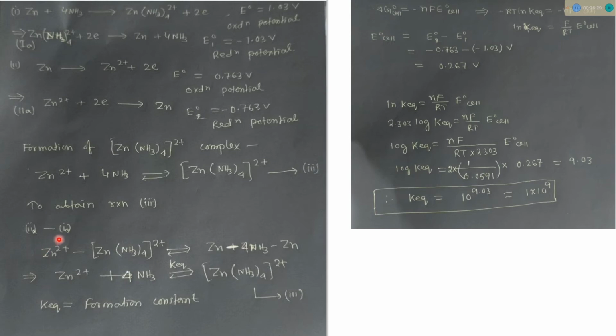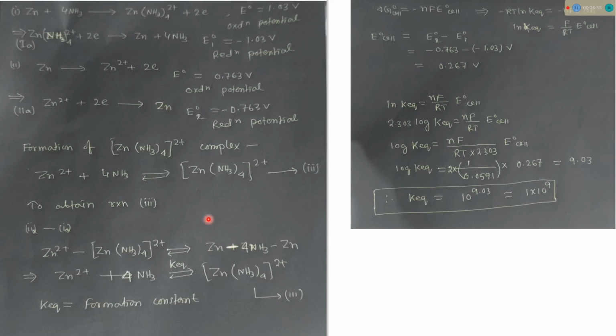If we subtract 1A from 2A, the 2 electrons cancel out. So Zn2+ minus this complex equals, on the right side, Zn minus Zn plus 4NH3.